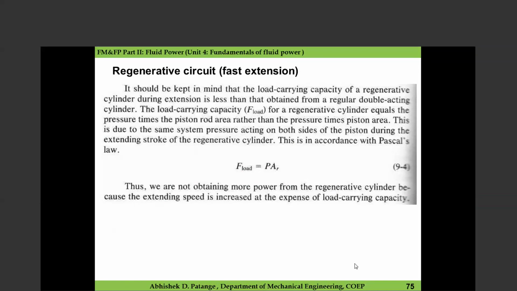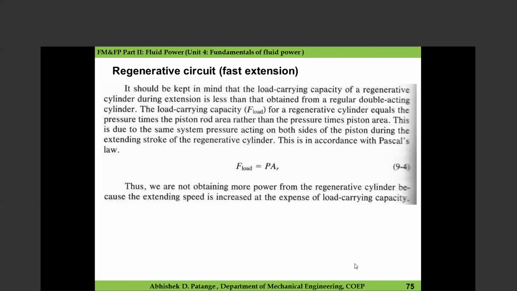This is because of the system pressure which is acting on both sides of the piston, from the blank end side and from the rod end side, for the extension stroke. And this is because according to Pascal's law, the pressure generated on both sides of the piston is the same. So the load carrying capacity for extension will be considered as pressure into area of connecting rod.